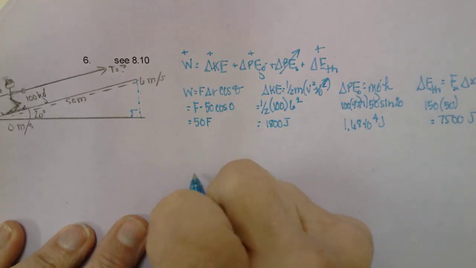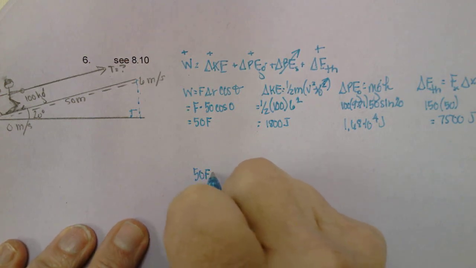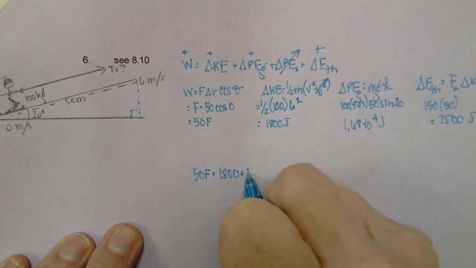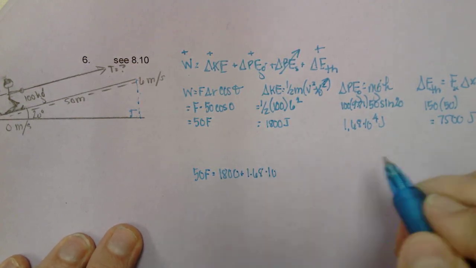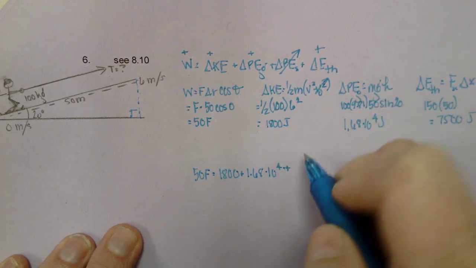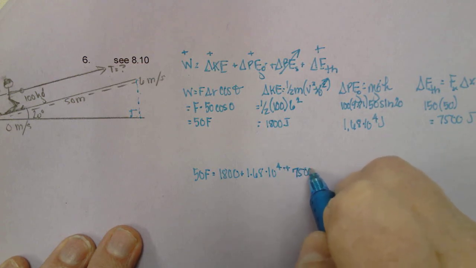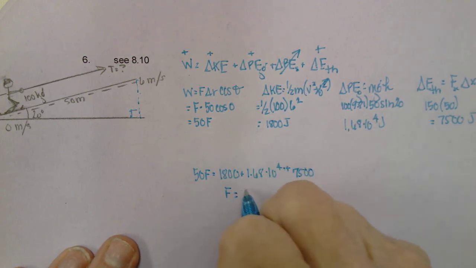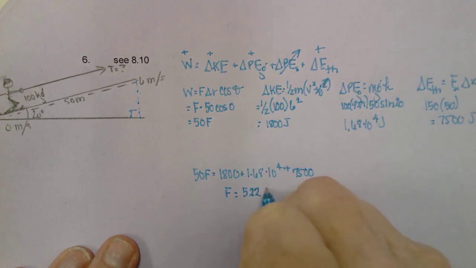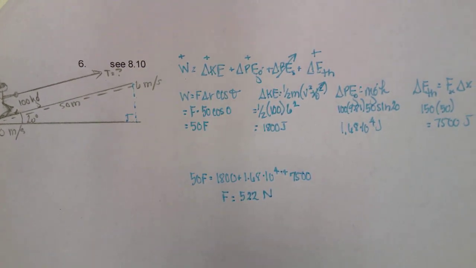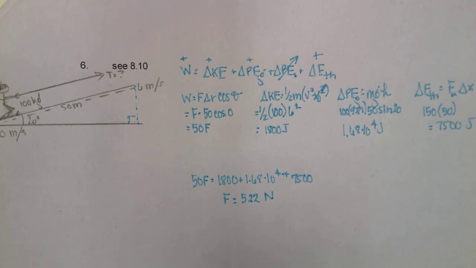In place of W, I'm going to put 50F is equal to 1,800 plus 1.68 times 10 to the 4th plus 7,500. And when you do all the math, you end up with F is equal to 522 newtons, which isn't really all that much. It's actually not going to take a lot of work on their part to pull them up. 522 newtons isn't a lot.